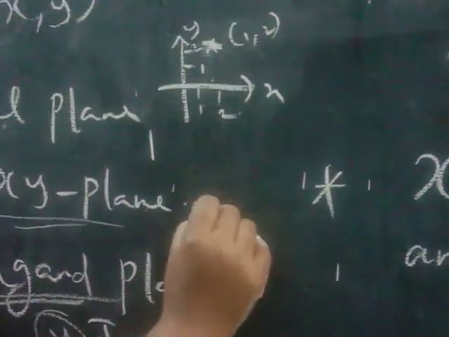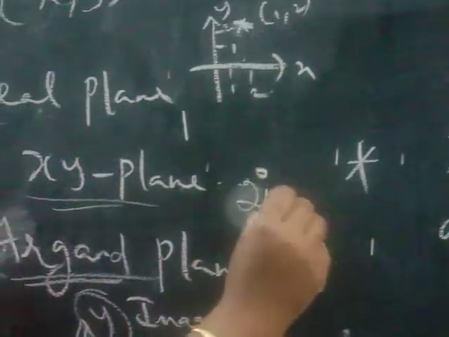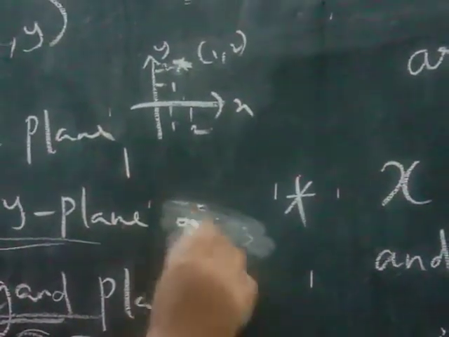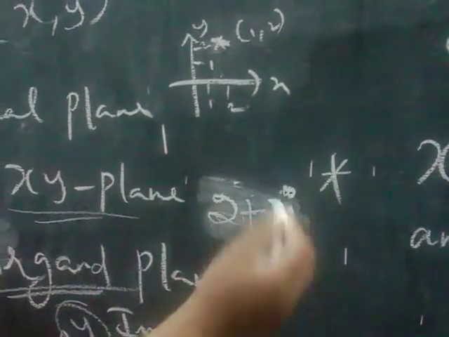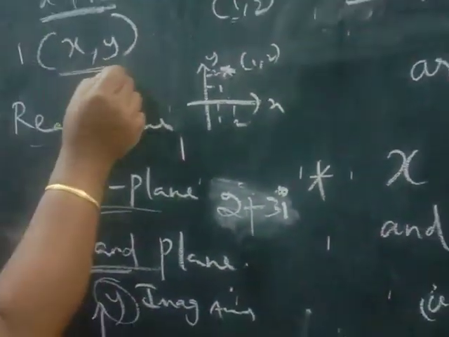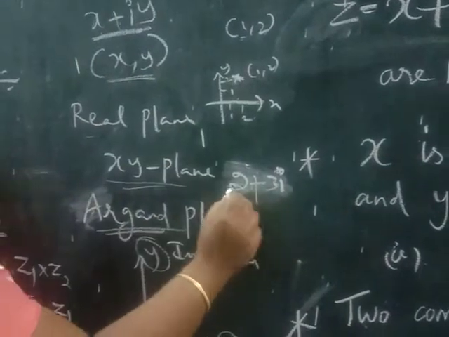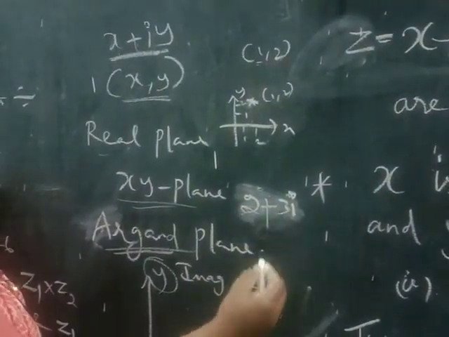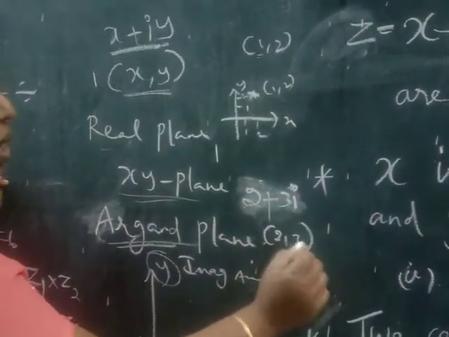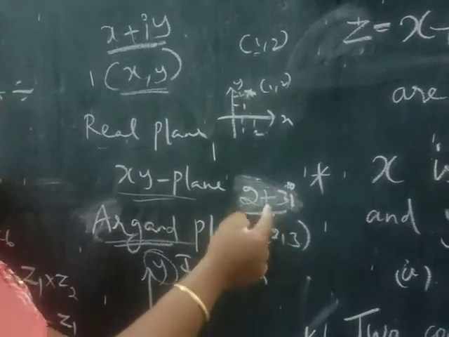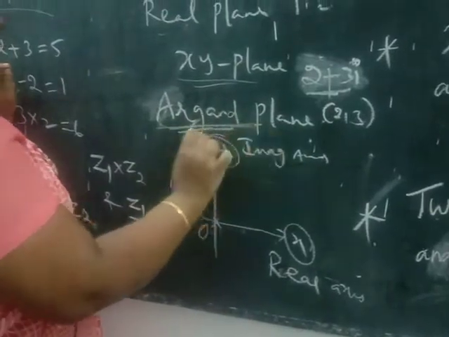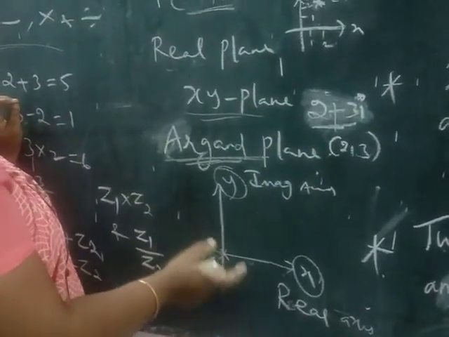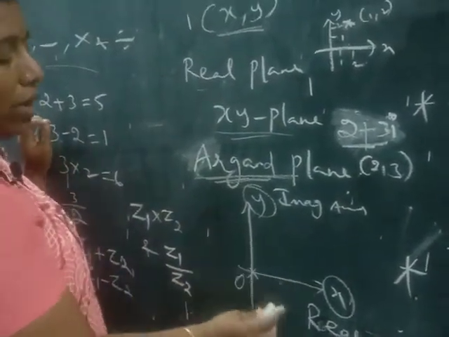The same way, now consider 2 plus 3i. This is a complex number. I have told you already, any complex number can be written as an ordered pair. Now what is the ordered pair form of this complex number? 2, 3. Now if we plot this complex number in this plane, we get the Argand diagram, and this plane is known as the Argand plane.